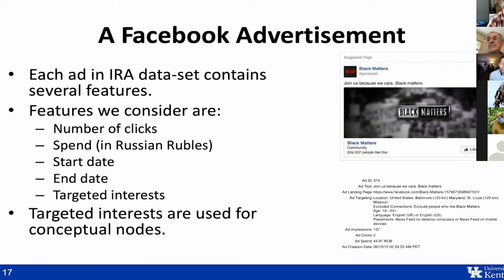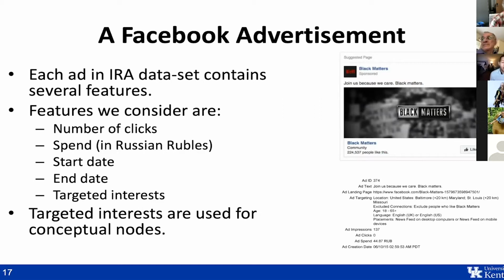With that said, the features that were found across all of these advertisements were not consistent, they were not standard. So a lot of pre-processing power had to go into this phase of the work to make sure that we had a consistent body of features being extracted from these data.